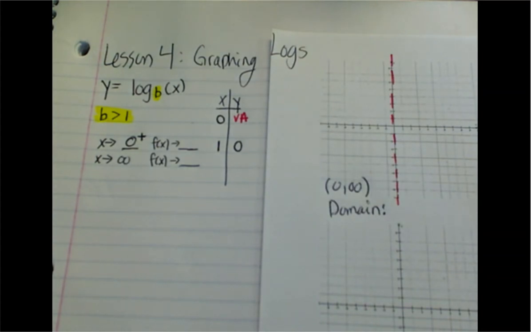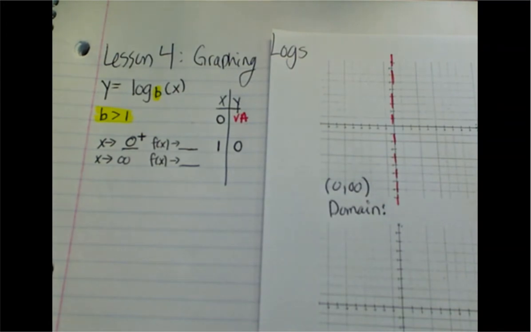Okay. I'm going to give you a hint. So what are my powers of b? b to the first, b squared, b cubed, b to the 0, b to the -1, b to the -2. Those are my powers of b.